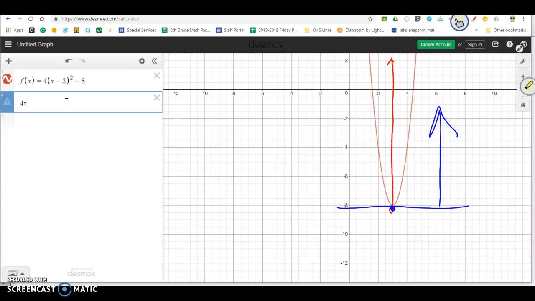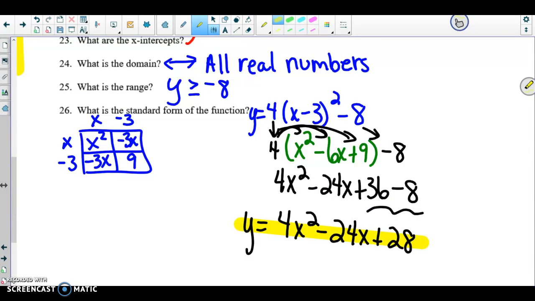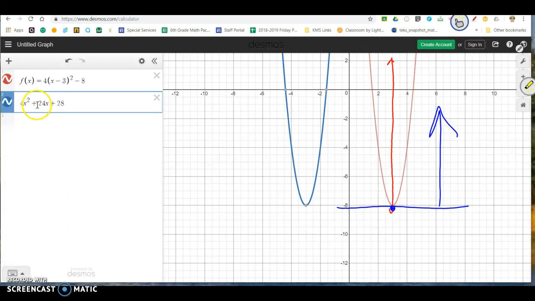Wait a minute. Did I mess up? Oh, it's minus 24x. All right. So minus 24x. Oh, and it is the exact same thing. It laid right on top of there. So we are good to go.